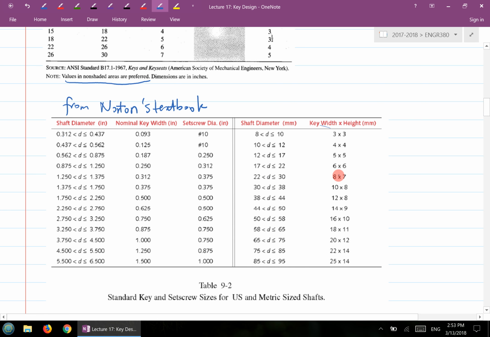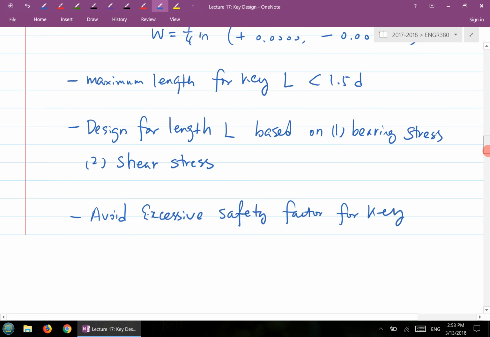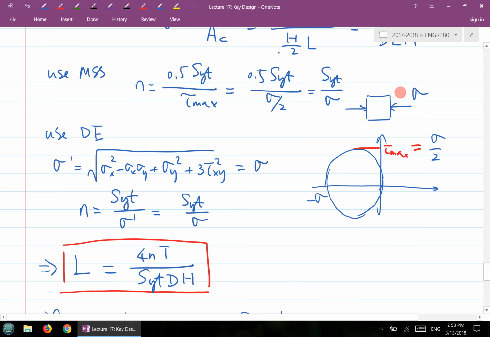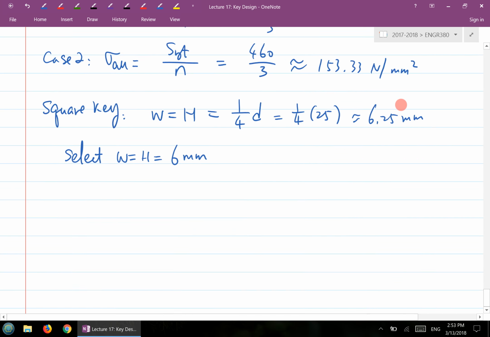So either way is fine. You can actually choose 8x7. That's okay, but 8x7 is not a square key. Okay, so let's go back to this. We picked 6 for W and H now.